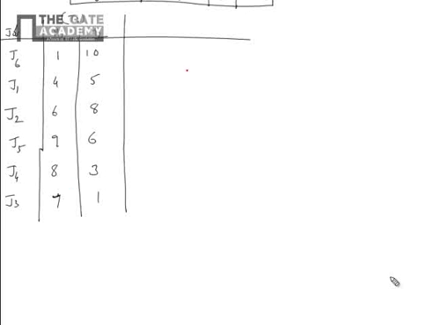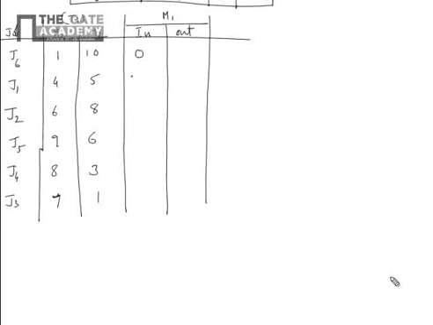Next, machine 1 scheduling, in and out. A job enters machine 1 at time 0. After 1 minute, or 1 hour or 1 day depending upon the units, so 1 hour, it comes out.